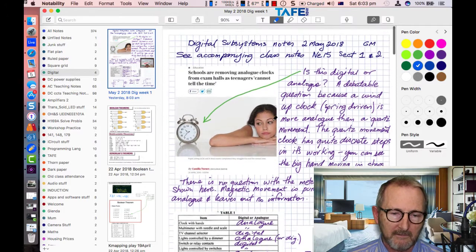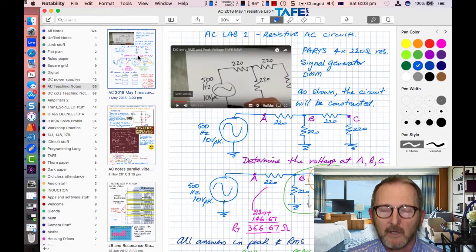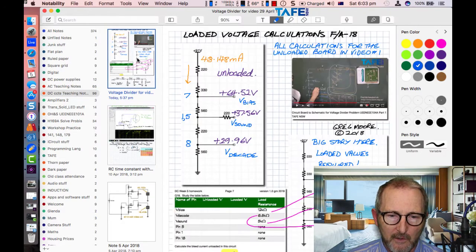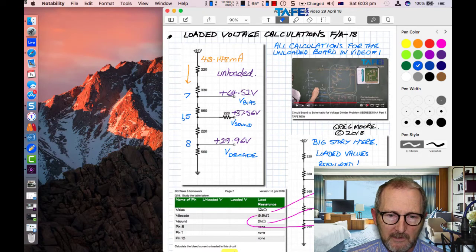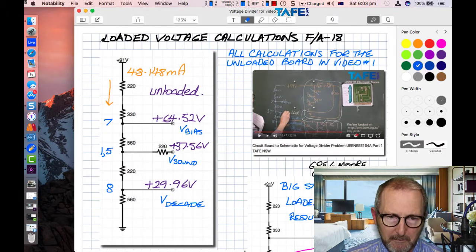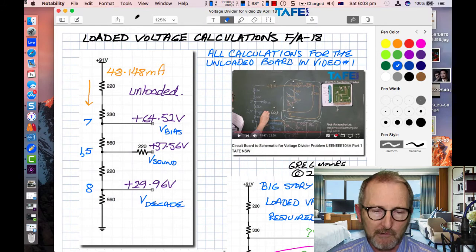And I've done some other digital handout notes there, and AC notes. I know I visited AC this week. But anyway, let's move on. DC teaching notes. And what we might do is get rid of that side tab and just expand this out a little bit more so that we've got some more space to play with on the screen.